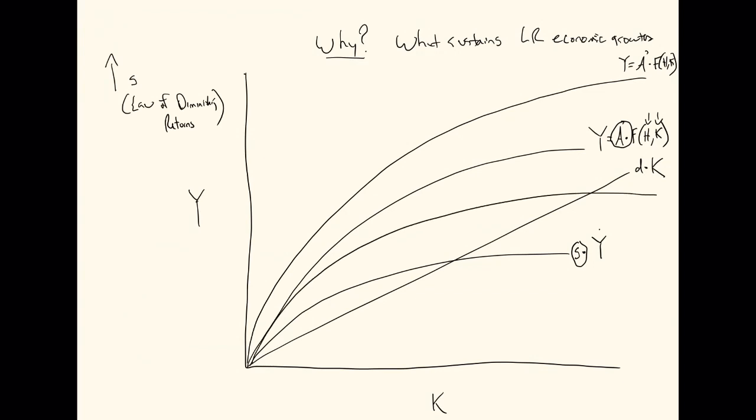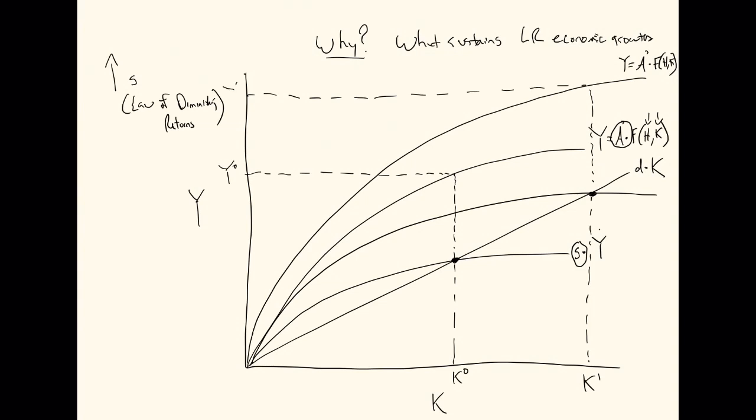And you can see what's going to happen. Our steady state equilibrium is going to move from this point, K naught, and this being our initial production function, Y naught, to this new steady state equilibrium, K1, and this new GDP, Y1.